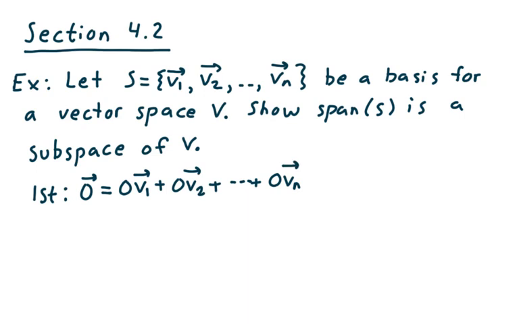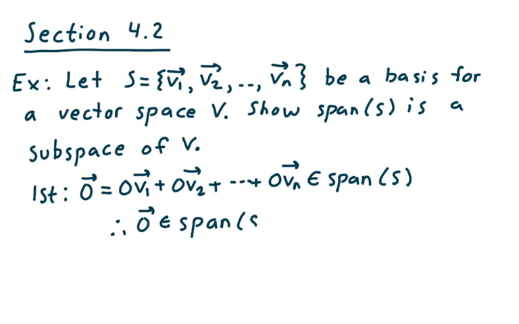And notice how I wrote the 0 vector as a linear combination of the vectors in S. So this belongs to the span of S. And so therefore, the 0 vector belongs to the span of S. And so therefore, the span of S is non-empty.